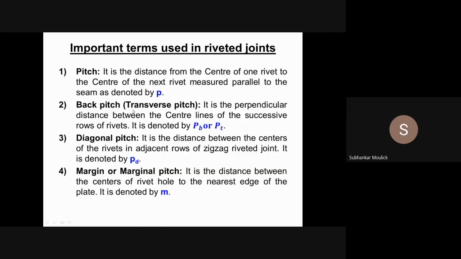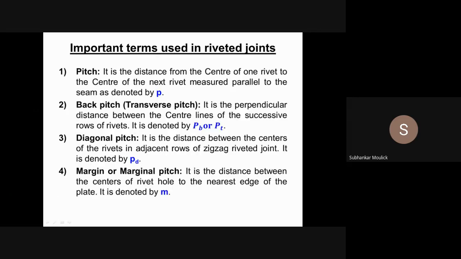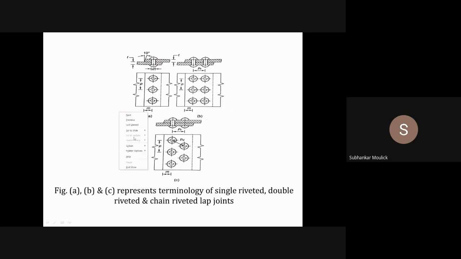Okay, next is back pitch or transverse pitch, denoted by the symbol PB or PT. Now, what is back pitch? It is the perpendicular distance between the center lines of the successive rows of rivets.